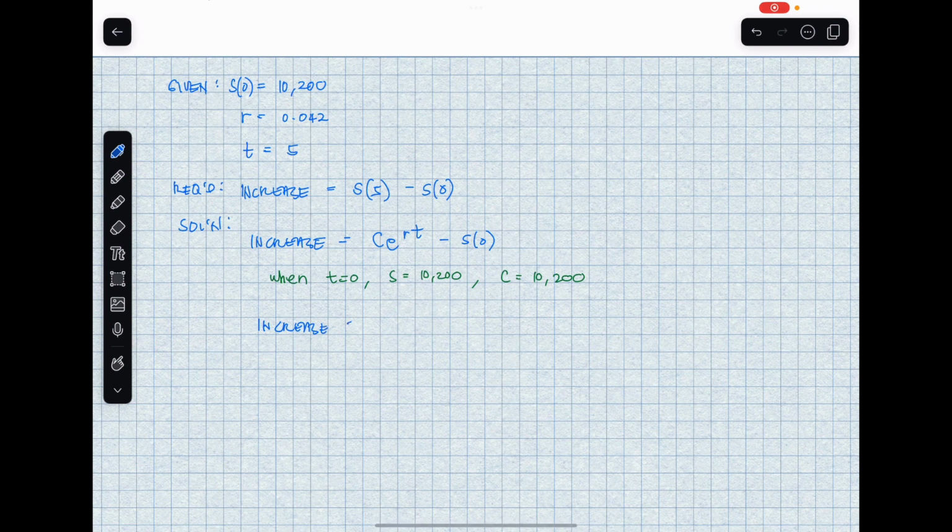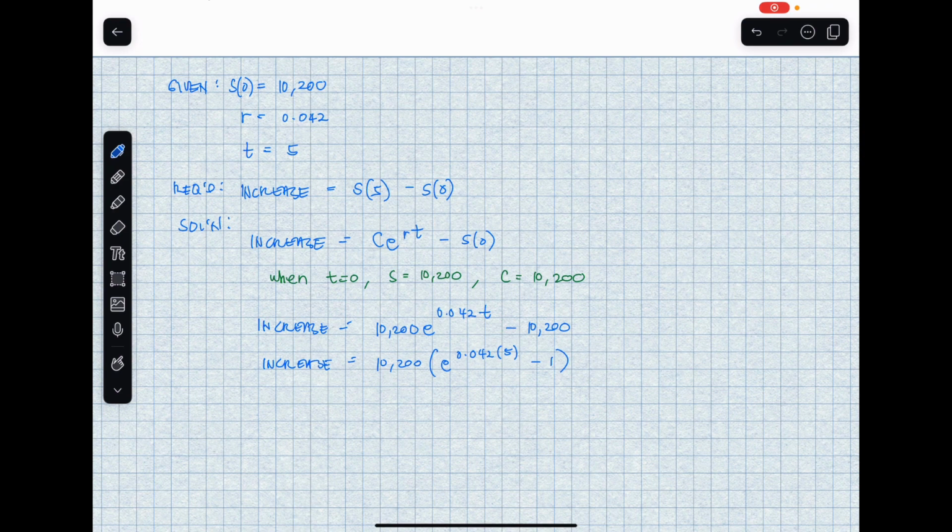So with my formula, C is 10,200, e, the rate is 0.042, multiplied with time, minus 10,200. So the increase then will be 10,200 times e raised to 0.042 times 5, minus 1.